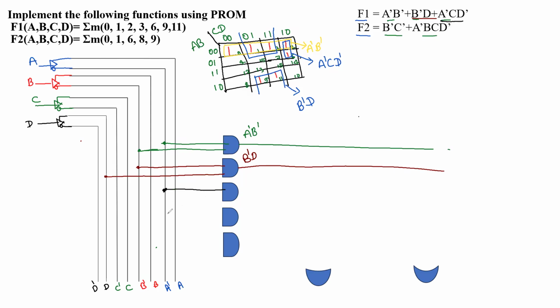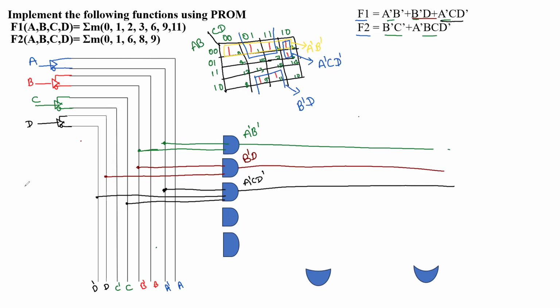Next we have C, so we connect C. And another is what we have, D dash, so we connect it with D dash. We can draw the wire properly, and we can use a scale also. So this output here, we draw that line. This is your product term A dash C D dash.